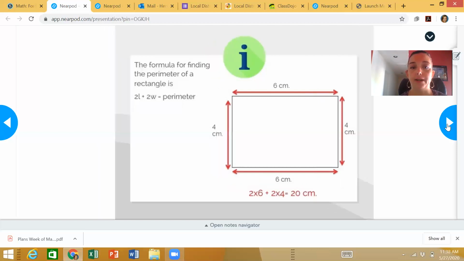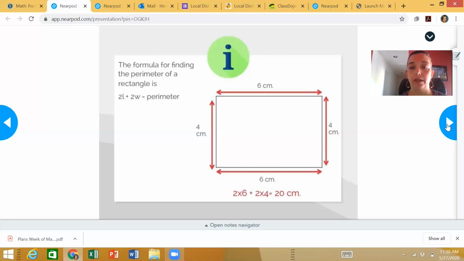The formula for finding the perimeter of a rectangle is 2 times the length plus 2 times the width. On the previous slide, we added each side, but you can also multiply 2 times the length, which would be 2 times 6, because the length is 6 and there's 2 of them.